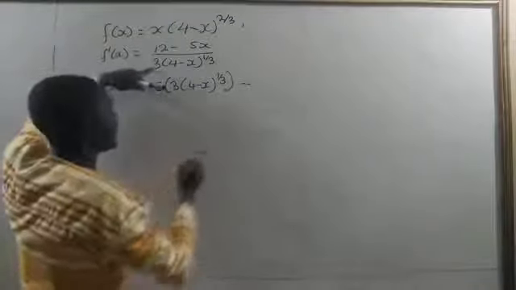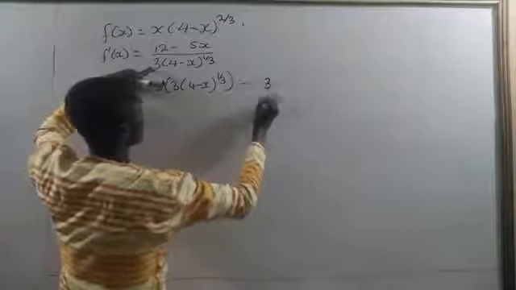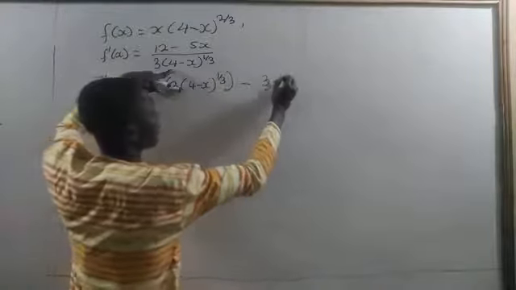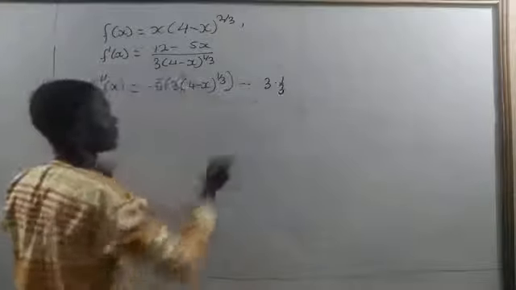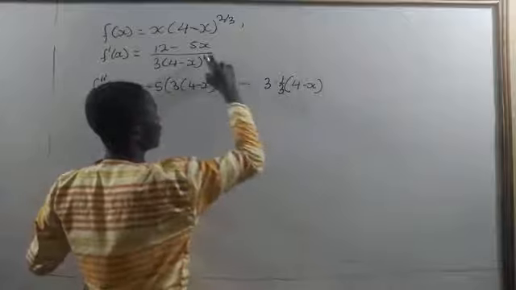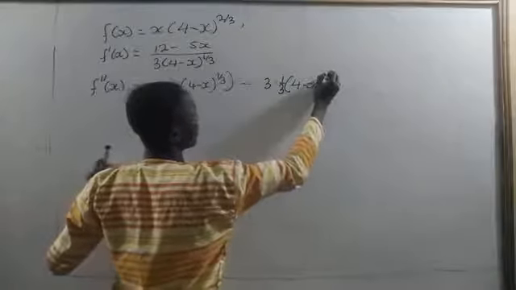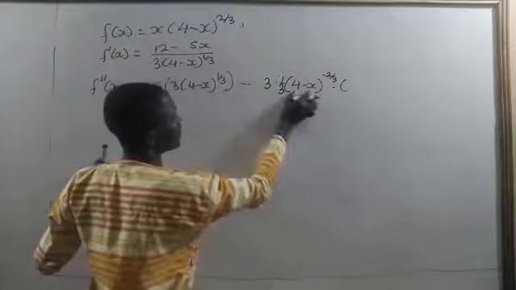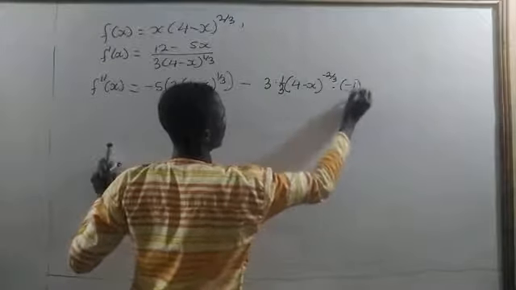Here we have 3 already, and we're going to differentiate this one. So we bring the power down times (4 minus x), then subtract 1 from the power to get negative 2 out of 3, times we differentiate what is inside to get negative 1.